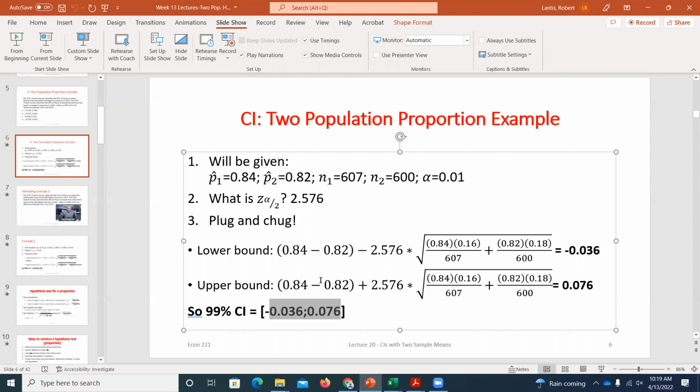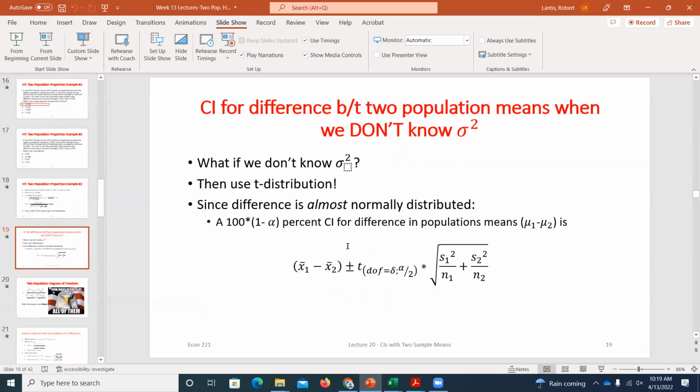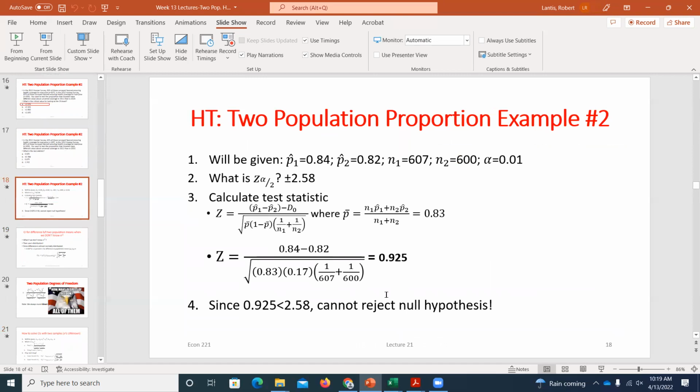So it allows me to say slightly different things, but both of them have the goal of asking, can I say that this certain value is a possible true population difference or not? Here, 0 is in my confidence interval. So when I do the hypothesis test, I should be failing to reject 0 as one of the possible true values.